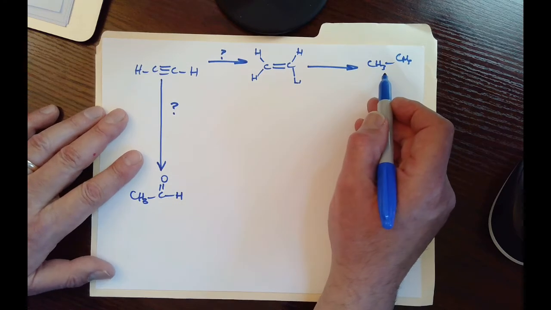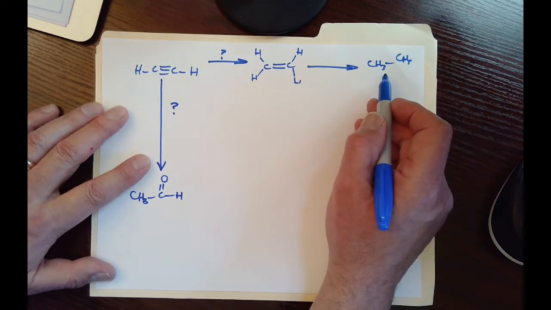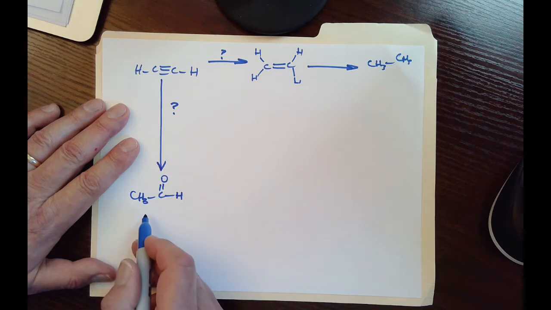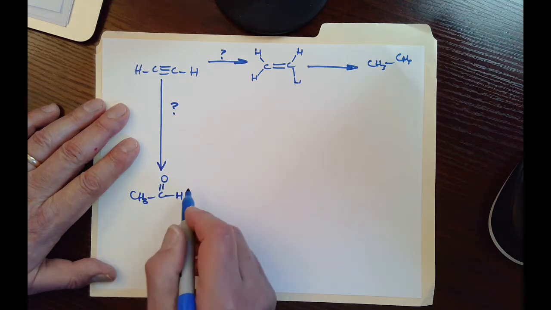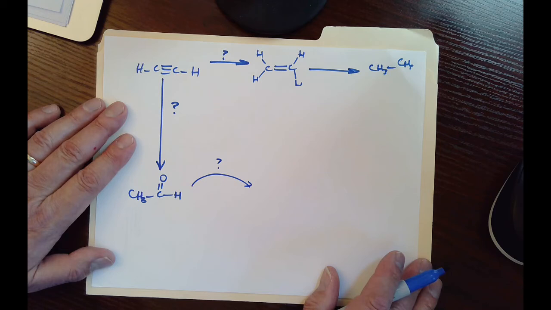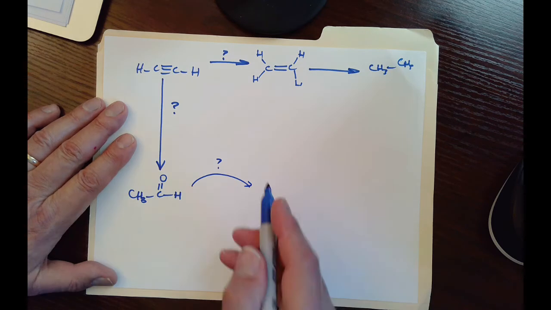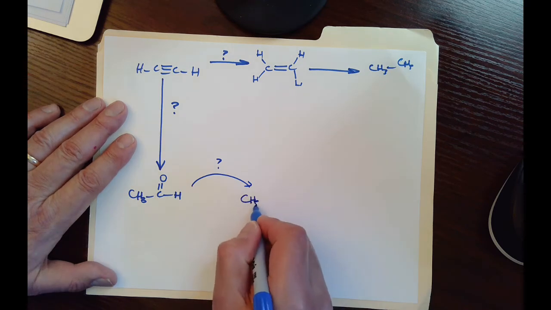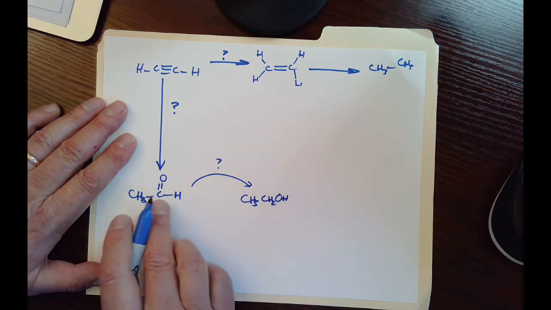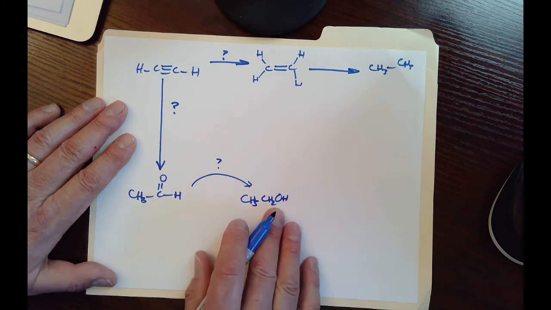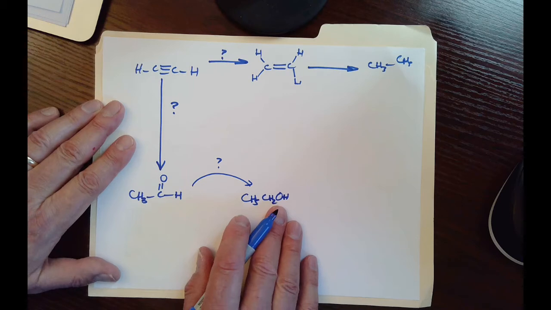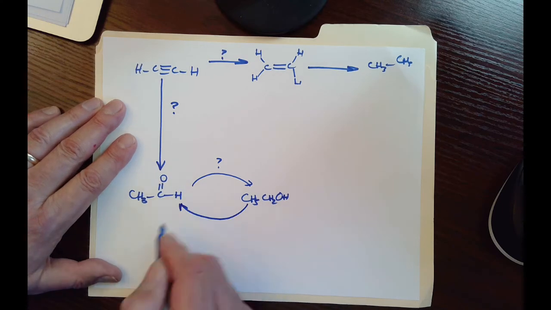Now, at the bottom of the page, moving my paper a little bit, I want to convert this acetaldehyde. What should I do? How would I convert the acetaldehyde to ethanol, which is CH3CH2OH? Again, the number of carbons is the same. Now, what should I do with the ethanol that I made to go back to acetaldehyde?